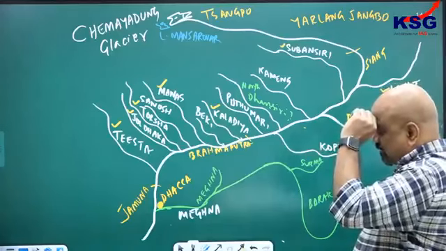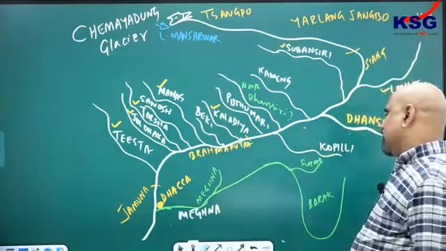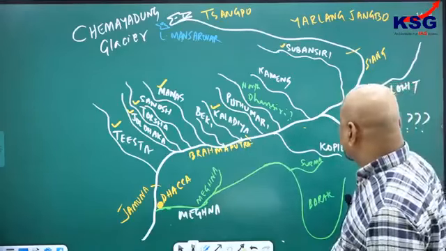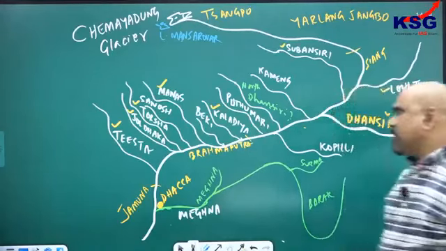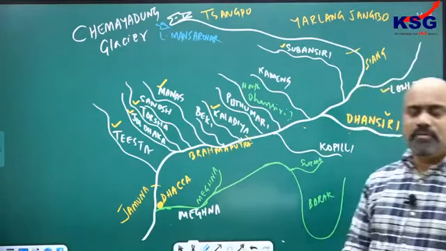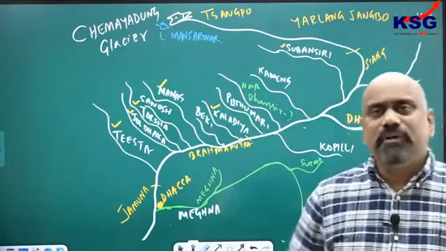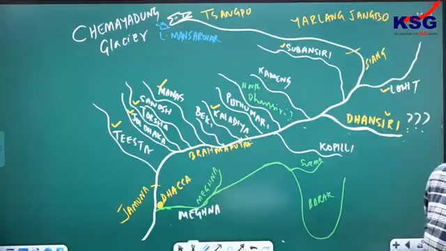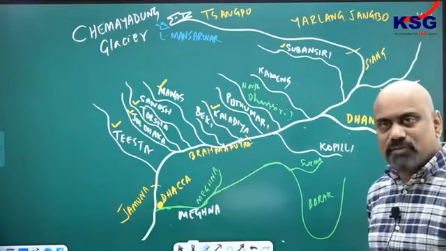It is known as Jamuna in Bangladesh, and it meets with Meghna finally, where it is called the Meghna. So these are the rivers joining the river Brahmaputra. Brahmaputra is a very flood prone river, well known. Almost every year there are floods in these regions.